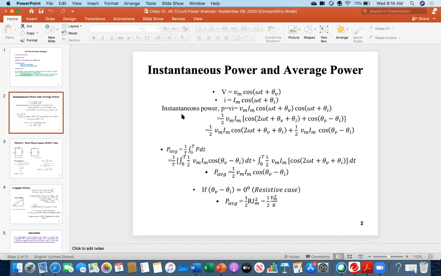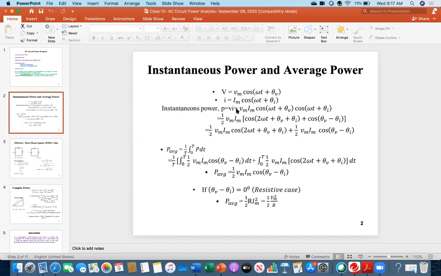Their instantaneous power means just the multiplication of voltage and current in the time domain. It is similar to the power you calculated in a DC circuit, the multiplication of voltage and current. But in this case, because this is AC, it is a cosine function and there are phase angles.